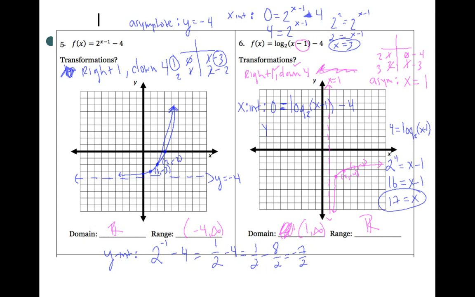Your y-intercept is going to be where x is 0. So this is going to be log base 2 of 0 minus 1 minus 4.